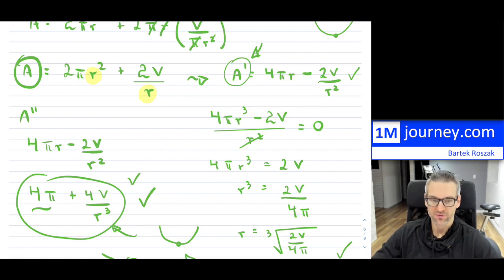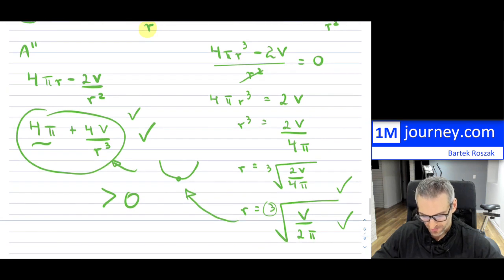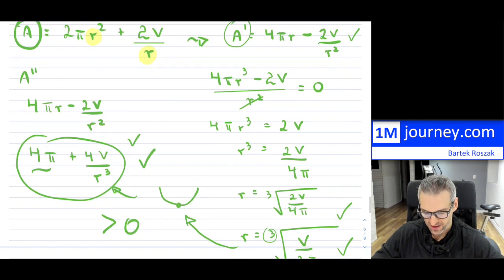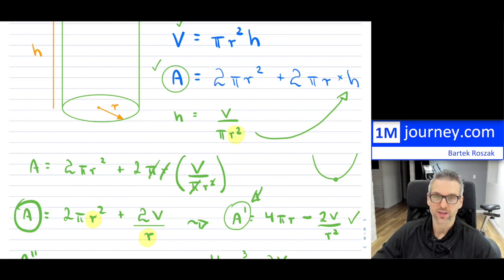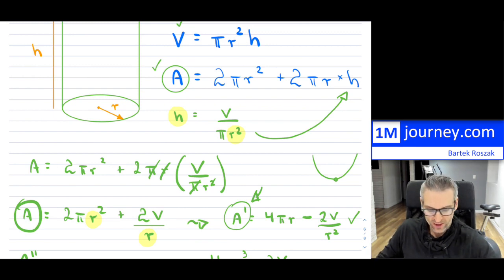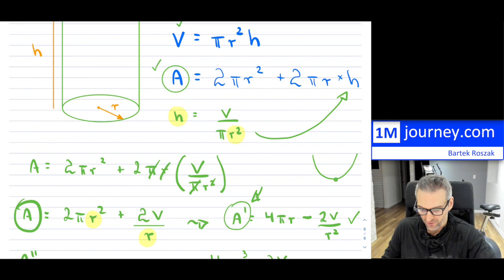I can leave that with you. It's not going to be very pretty, but we know where it happens. If you want to know what the h is, then just substitute for r into here and find out what h would be. Now, I said we can use a graph as well to see and confirm for us.